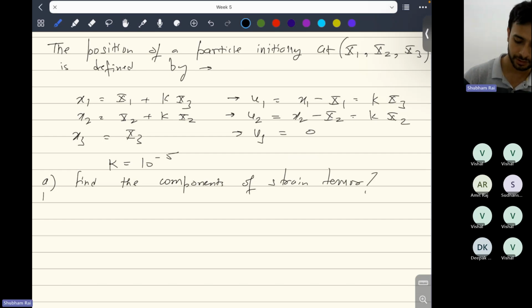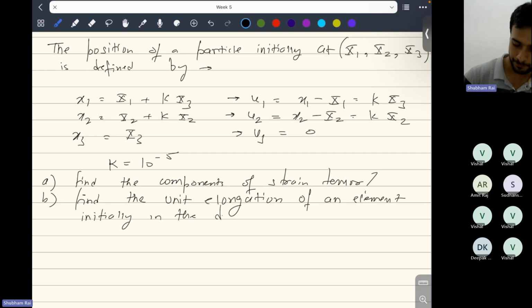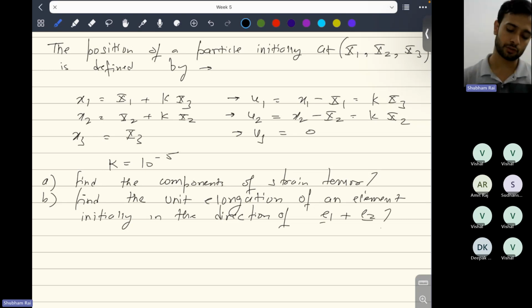Firstly, you need to find the components of the strain tensor, and then you need to find the unit elongation of an element initially in the direction of E1 plus E2. So can you try to do this question?